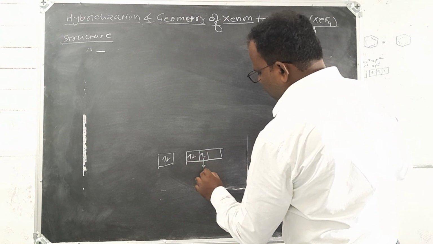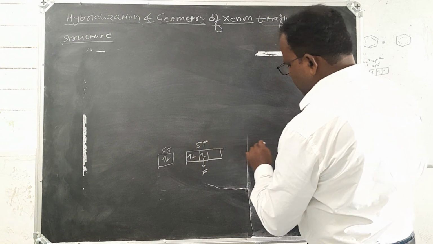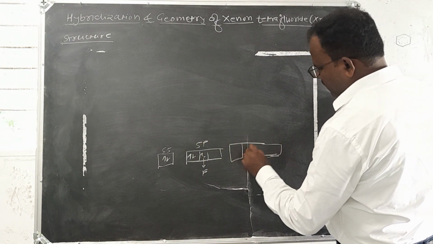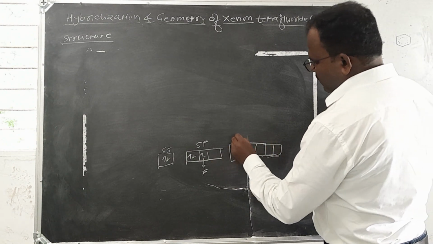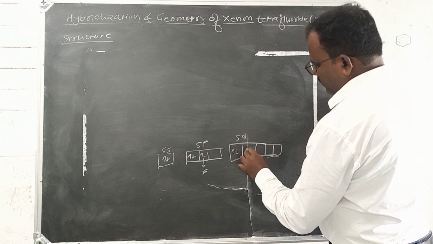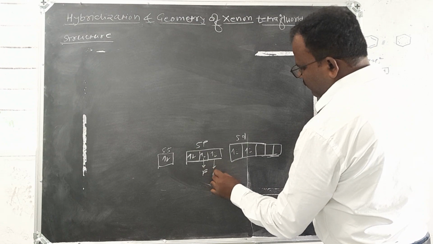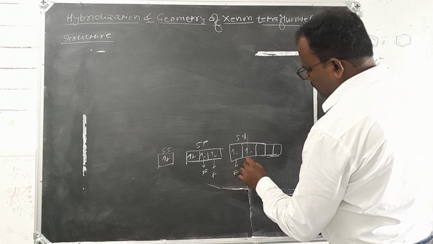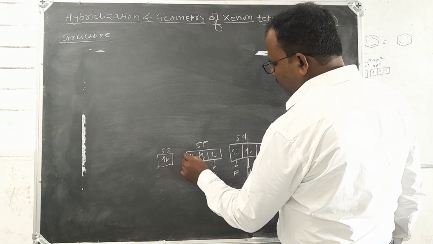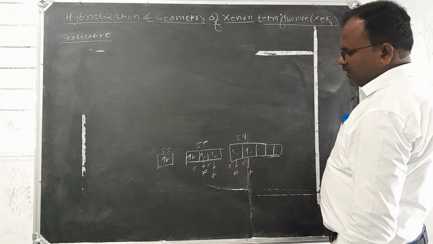These are the bonding electrons in 5s, 5p, and 5d, and these are the 4 fluorine atoms. It means that in this case 2 lone pairs and 4 bond pairs are present.